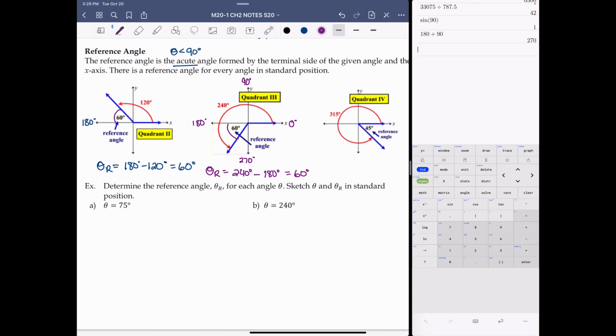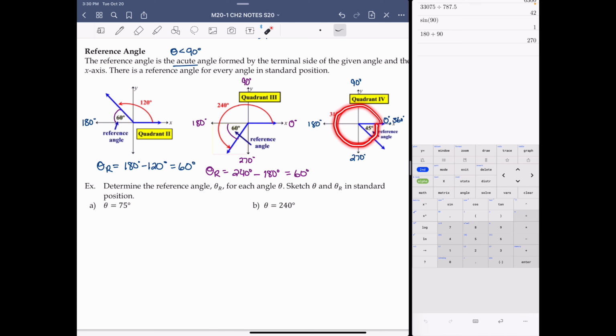And let's look at one that's in quadrant 4. Our angle equals 315 degrees, and we're told that our reference angle is 45 degrees. We can write the angle measures at the axes. We have 0 degrees, 90 degrees, 180, 270, and then 360 when we go all the way around and get back to our positive x-axis. The angle plus the reference angle is 360.